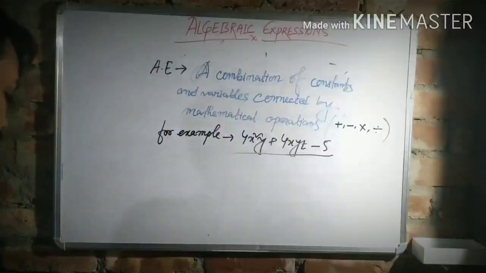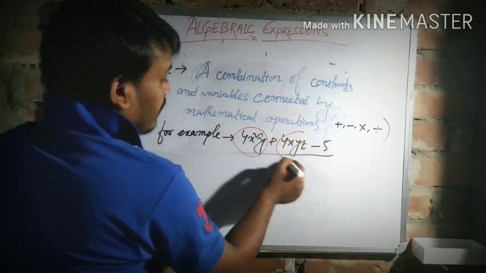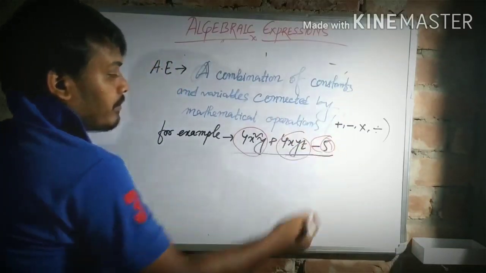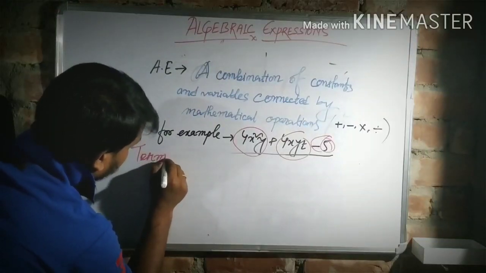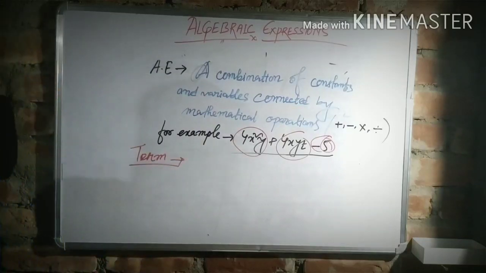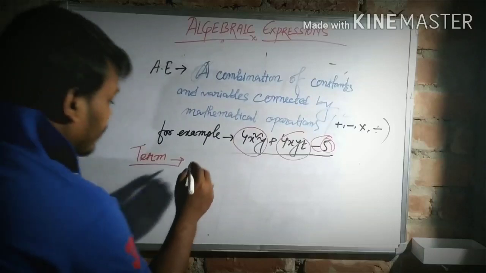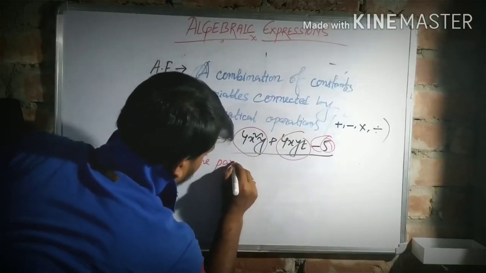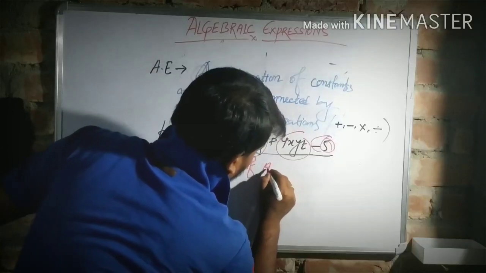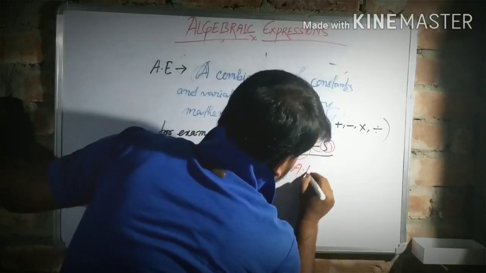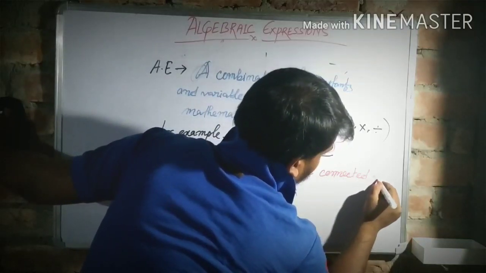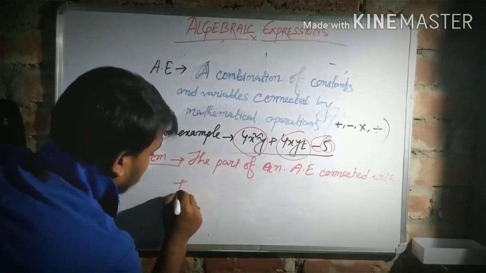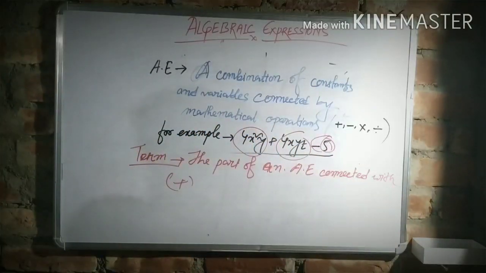Now, what is the meaning of term? Here, which values are connected with the plus symbol? A term means a part of an algebraic expression connected with the operation plus.